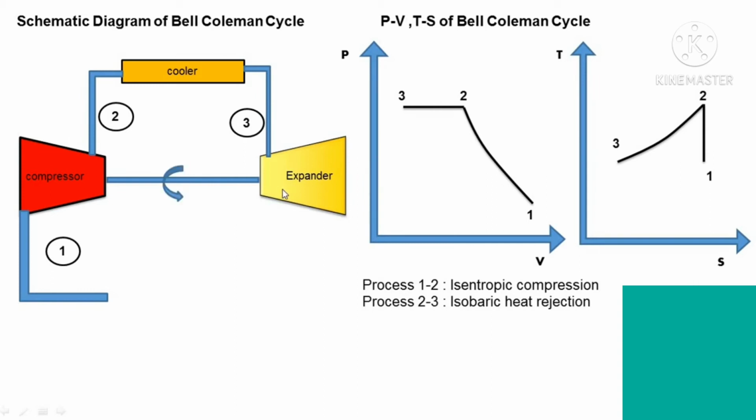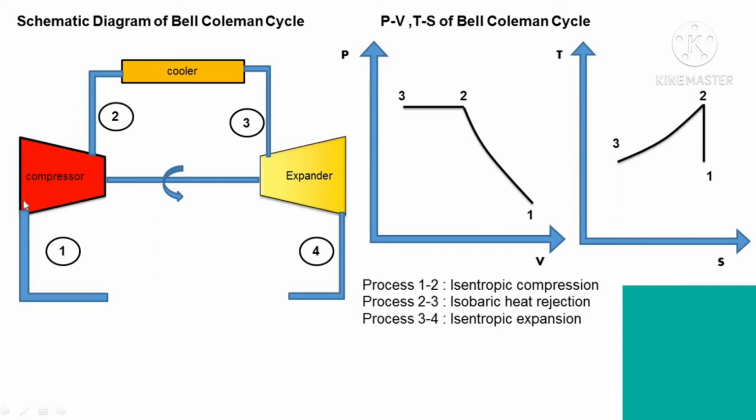During expansion of the air in the expander, the pressure is reduced from P3 to P4, and at the same time the temperature also falls from T3 to T4. The process 3 to 4 is known as the isentropic expansion process.